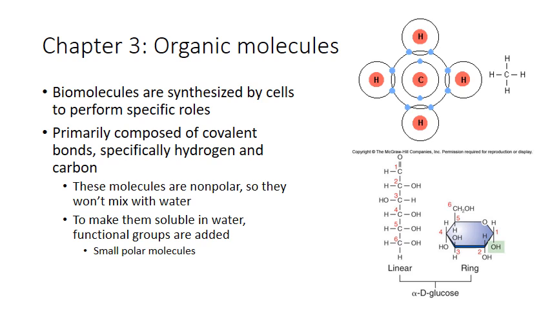In this case, the polar groups are these OH groups that cells have added on to make glucose, and that makes glucose water soluble, whereas if you didn't have these OH groups, it wouldn't be water soluble. So that's the idea of polar groups: changes to organic matter like this to make them more suitable to be biomolecules.